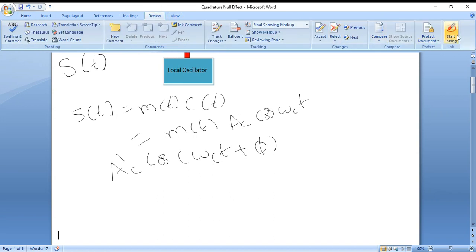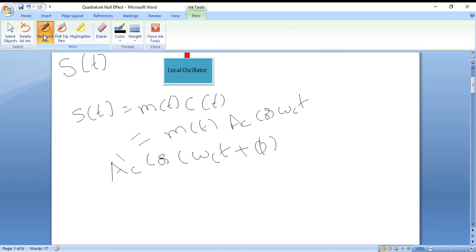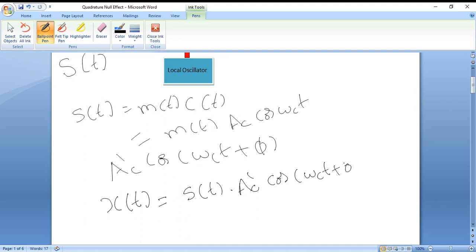What is a product modulator? A product modulator takes two inputs. One is the DSB-SC signal, the second one is the locally generated signal. The output of the product modulator is given as x of t, say, which is nothing but s of t into Ac dash cos of omega ct plus phi.